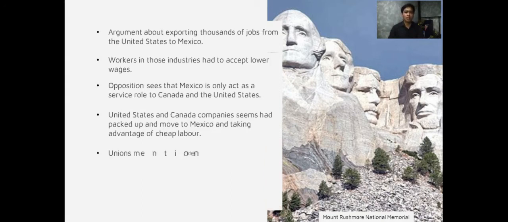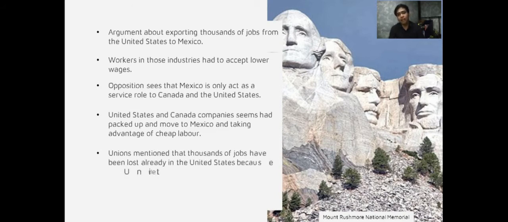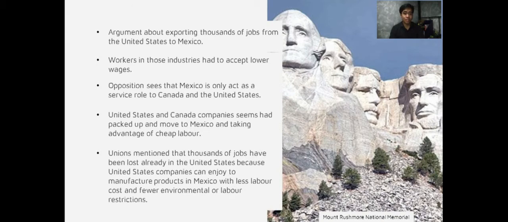Unions mentioned that thousands of jobs have already been lost in the United States because US companies can manufacture products in Mexico with less labor cost and fewer environmental or labor restrictions. Without the unions, workers could not bargain for better wages.